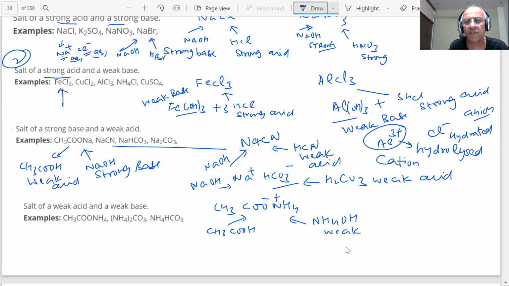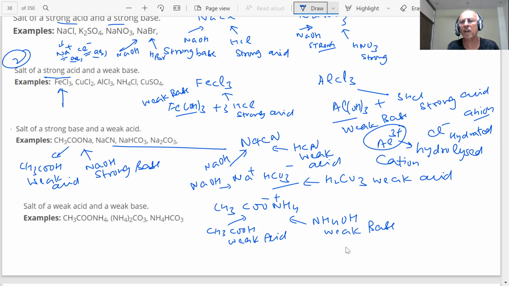This is a weak base and this is a weak acid. One of the questions given in the exam asked to identify what type of salts these are, prepared from strong acid, weak base, strong acid, like that. The question could be put in any way.